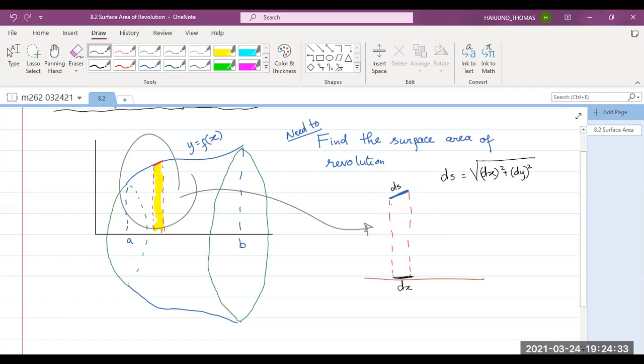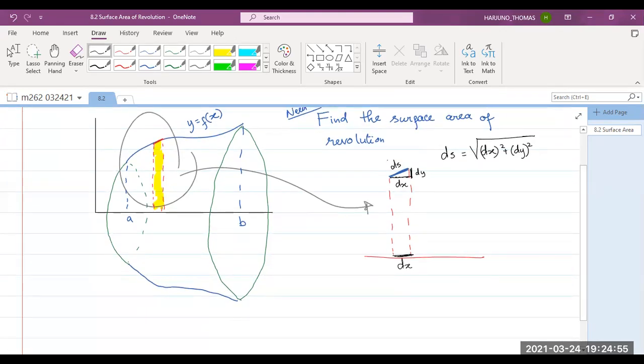Now ds is the change of x squared plus the change of y squared. Do you see the triangle? This is the dx and this is the dy. Now, then we will rotate this.